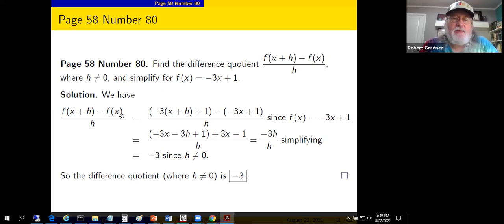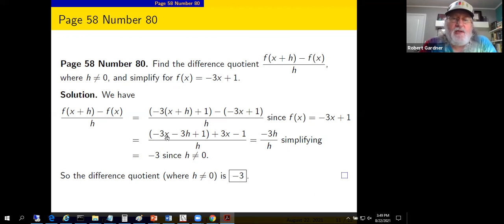Subtract f of x. Well, that's just negative 3x plus 1, so subtract that. Be careful. You're subtracting. Don't forget the parentheses. We'll have to deal with some distribution here. Since this is the function, that's what f of x plus h is. Of course, that's what f of x is. And we got the h in the denominator. How about we distribute? They told us to simplify.